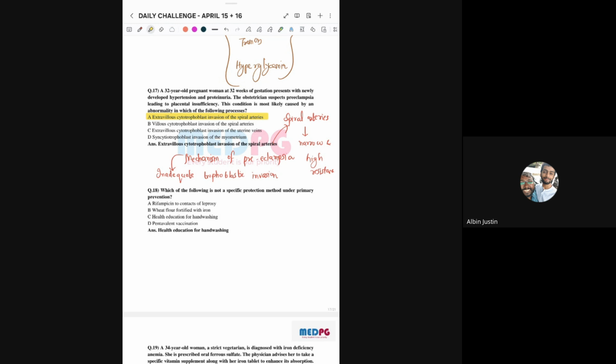Okay, now question number 18. Which of the following is not a specific protection method under primary prevention? So levels of prevention is another important area. Okay, levels of prevention: primordial, primary, secondary, tertiary. Primary prevention has two components. One is health promotion and the other is specific protection.